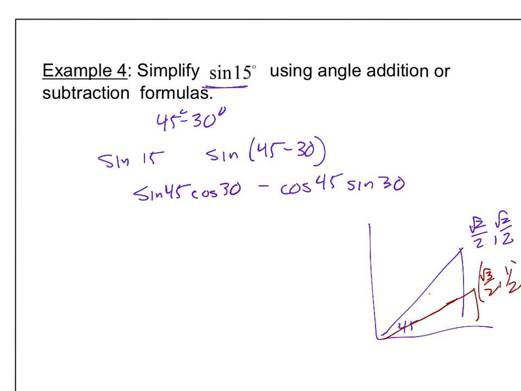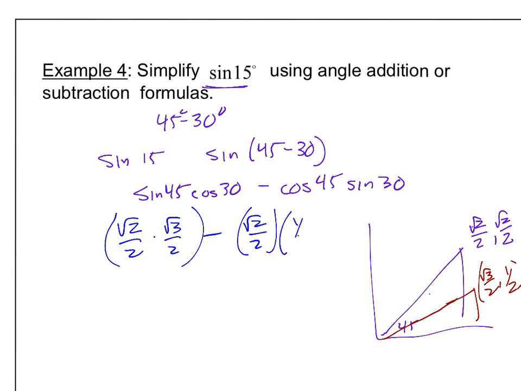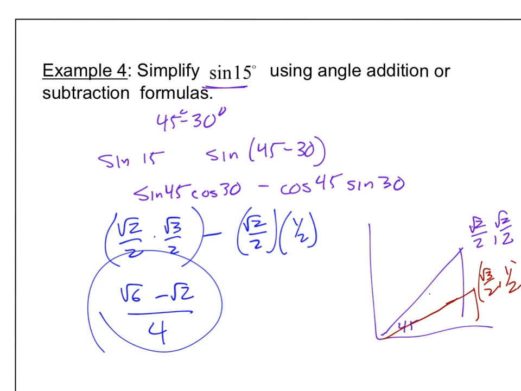Okay, so when I put this together, I'm going to have square root of 2 over 2 times square root of 3 over 2 minus square root of 2 over 2 times 1/2. So that becomes square root of 6 minus square root of 2 all over 4. And I'd leave it like that. I don't want to calculate it out to make a big mess.